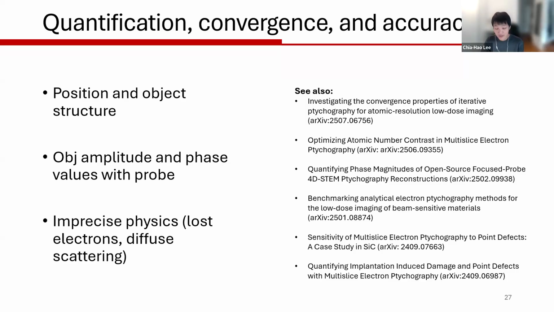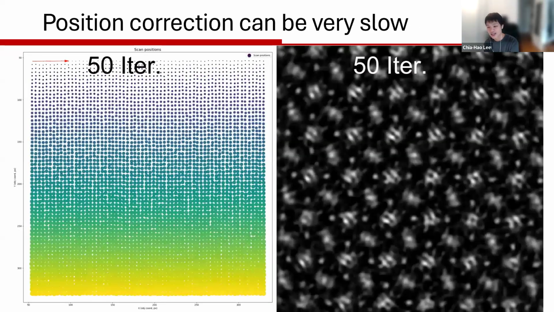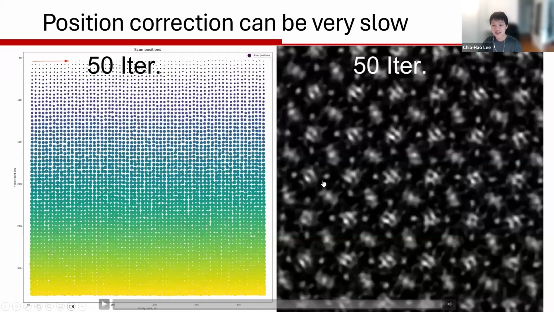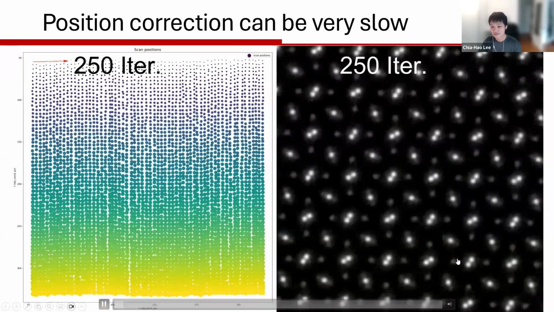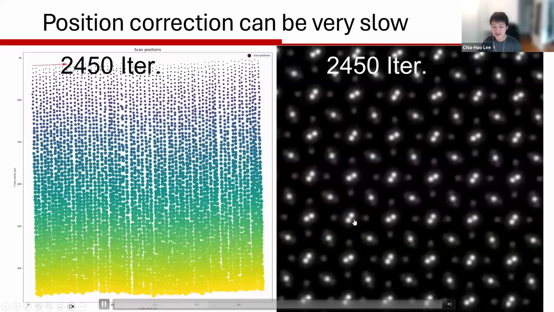So in terms of quantification, here I'm going to give you a quick example of the probe position correction, which everyone knows can be very slow. Here's just an example of the PSO dataset that I have already reconstructed for 50 iterations. Just going to play it. You see that we reached a pretty decent reconstruction.